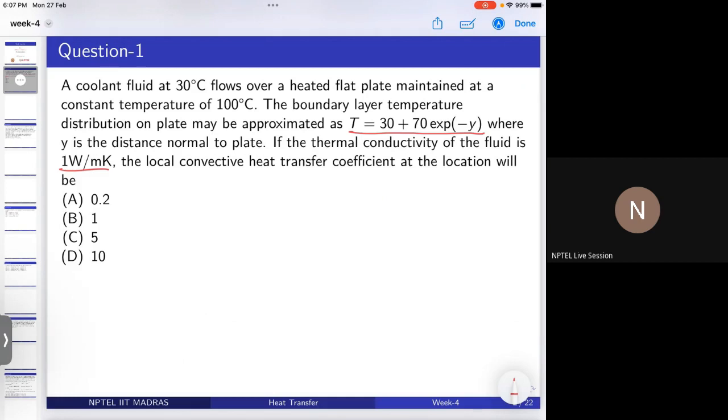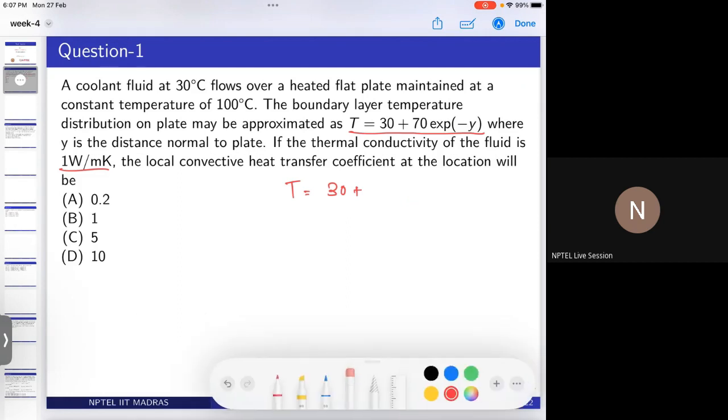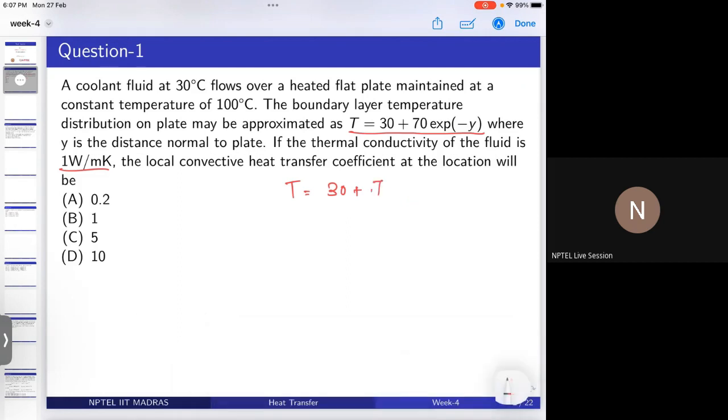Did you get the answer? No, sir. Okay, I will solve it. We are given the temperature profile, and the thermal conductivity of the fluid is also given.